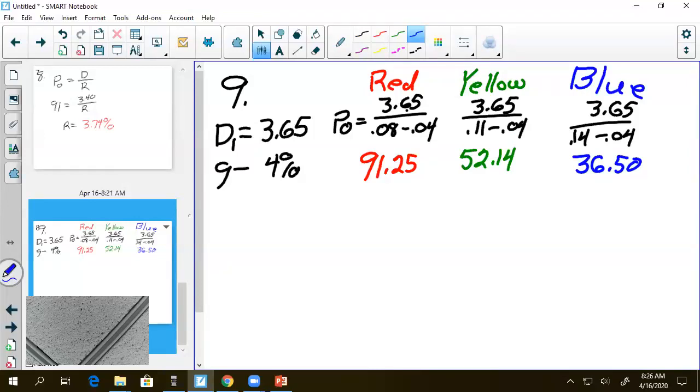All things equal, the greater the return, the greater the interest rate, the smaller the present value. And that's what you're seeing here. Does that make sense? Everybody good? Any questions before we move on?